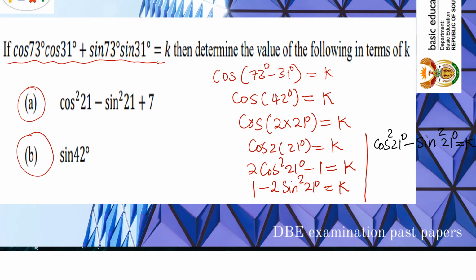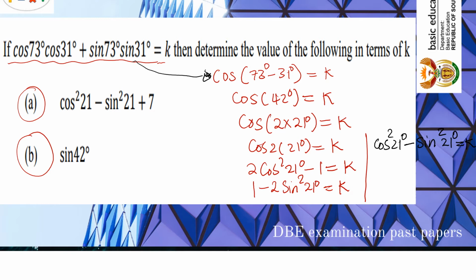After that, it will be simple for you to go to the question and solve it straightforwardly. That's what you do when you want to express trigonometric ratios in terms of certain unknowns, in terms of k in this case. We used our given information, applied the rules that we know, and simplified it like that.